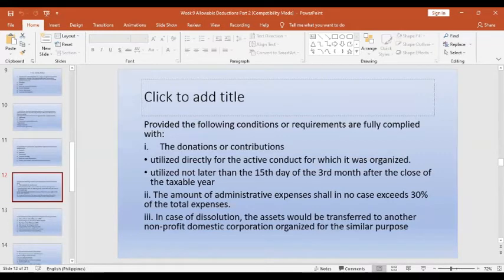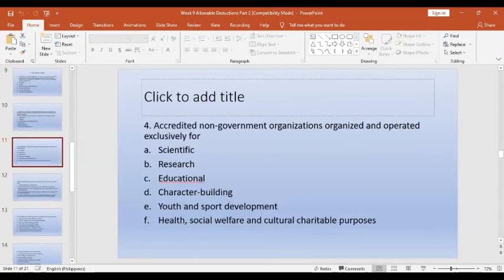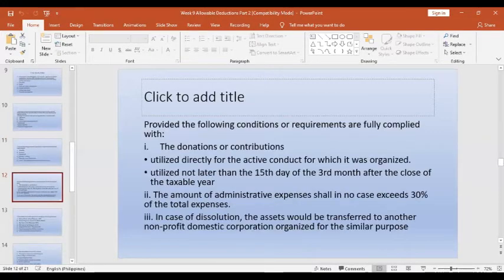These are the rules in number 4: the taxpayer can donate to the accredited non-government organization provided that the following conditions are fully complied with. The donations or contributions must be utilized directly for the active conduct of the activities for which the organization was organized, and utilized not later than the 15th day of the 3rd month after the close of the taxable year.